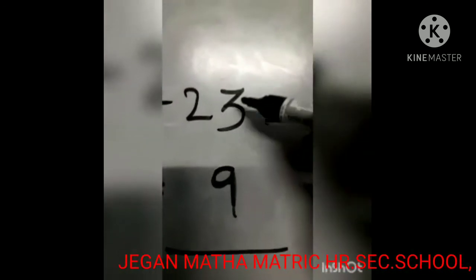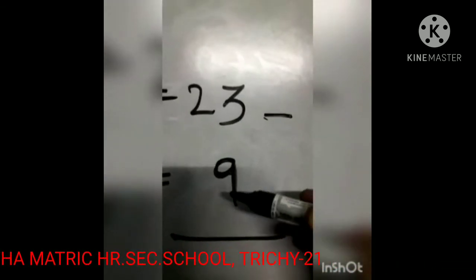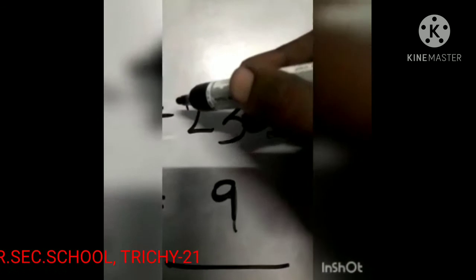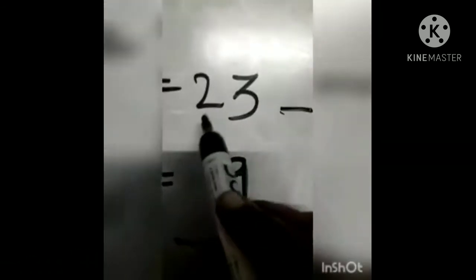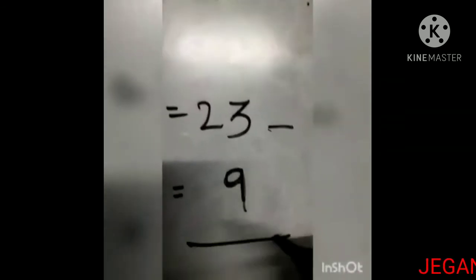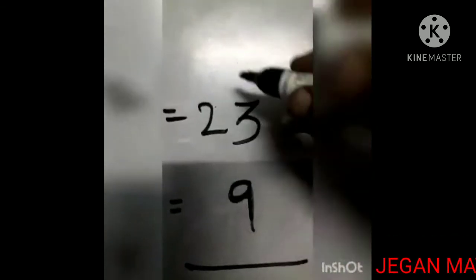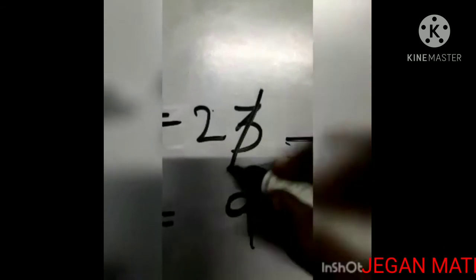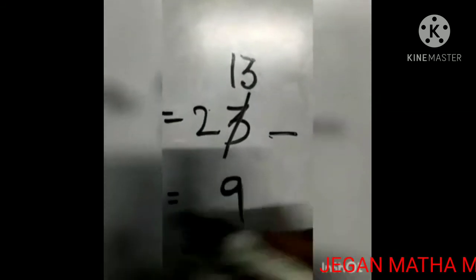No. So we must borrow from the next number. We borrow 10 from this number, and it will change to 13. 10 plus 3 is 13. You already learnt, no?